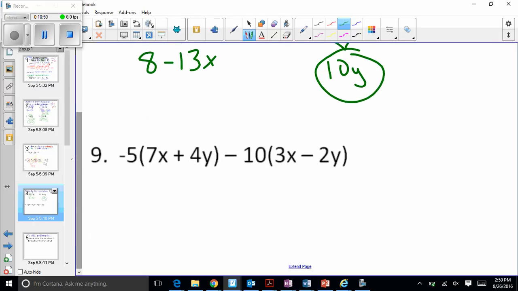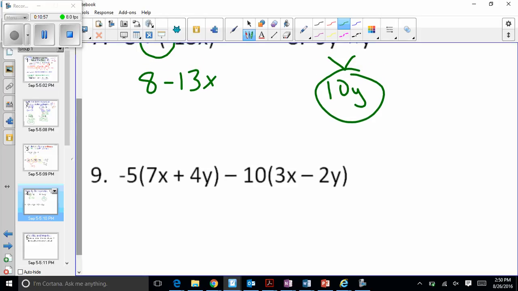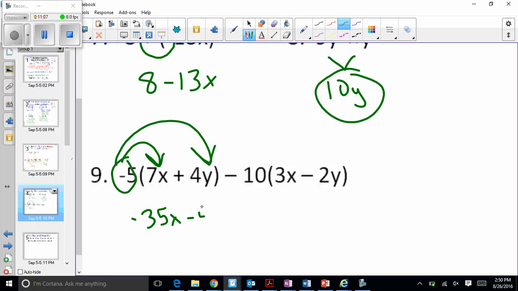Down here at the bottom, it's a little more complicated. The first thing that we'll do is distribute negative 5 times 7x, negative 5 times 4y. So I get a negative 35x minus 4y. And then be careful, when I distribute and multiply times 3x minus 2y, I have to take the negative with the 10. So it's negative 10 times 3x to make a negative 30x.